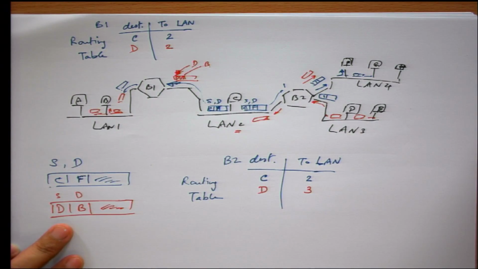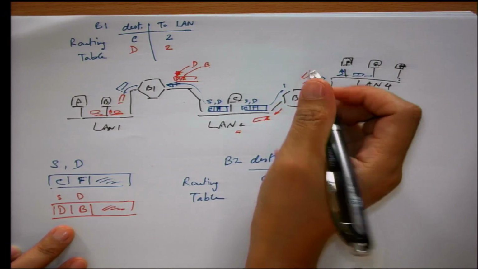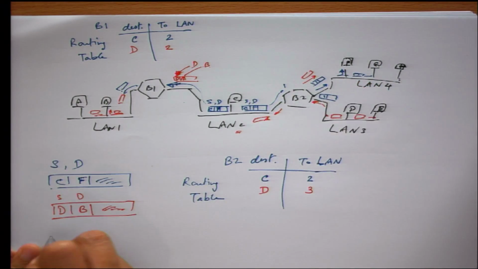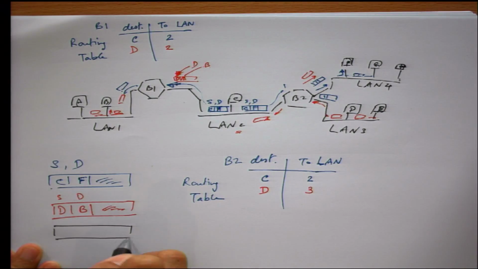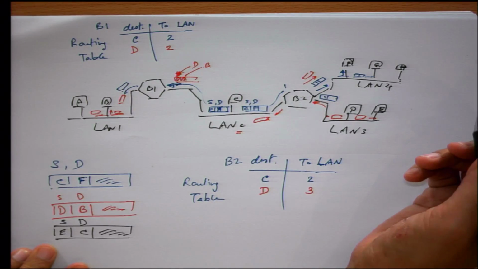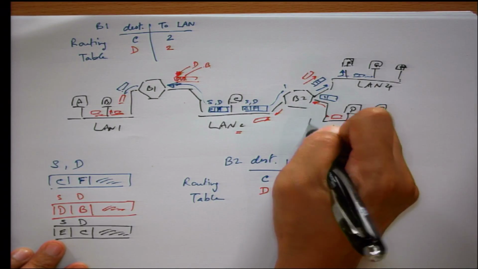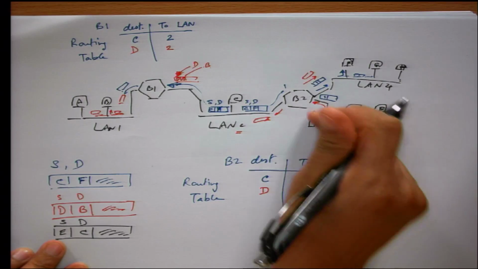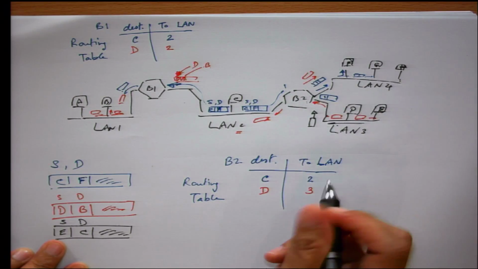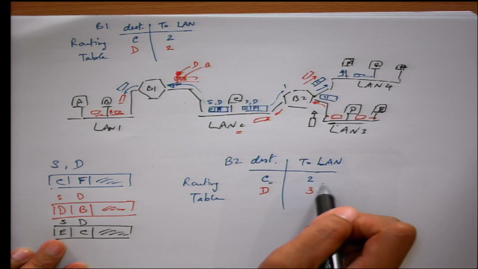Again, now if E wants to send to C, you don't need the source and destination shown here. E sends along the way like this. B2 knows that, oh, to go to C, go to LAN 2.